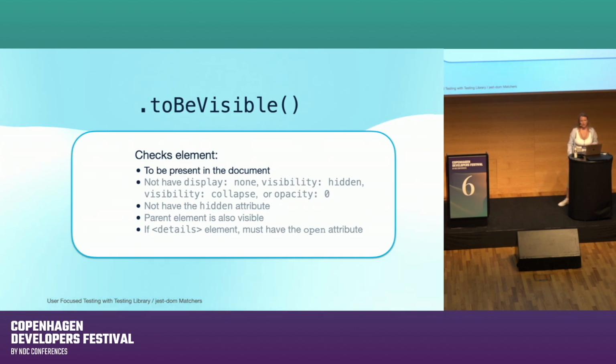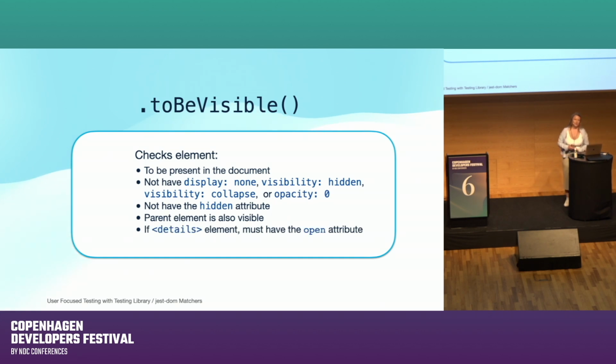In addition to being present in the document, to be visible also checks for elements to not have display none, visibility hidden or collapse, or opacity 0, and not to have the hidden attribute. The parent element must also be visible according to those parameters, and if it's a details element, it must have the open attribute. To me, that's a lot of extra checks to go through when you're just checking if something was rendered.